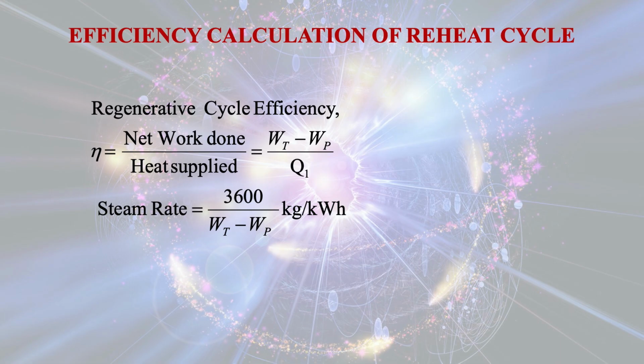But steam rate is equal to 3600 divided by WT minus WP kg per kilowatt hour, because steam rate, we know, is how much steam is required per kilowatt in an hour. So steam rate is equal to 3600 divided by WT minus WP kg per kilowatt hour.